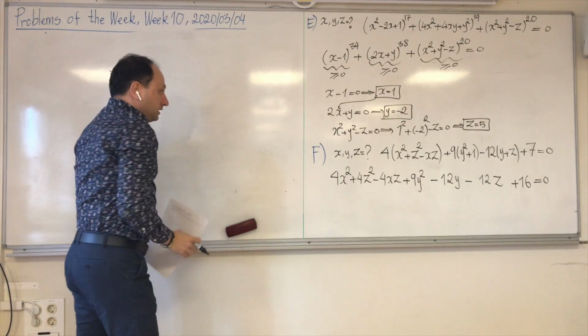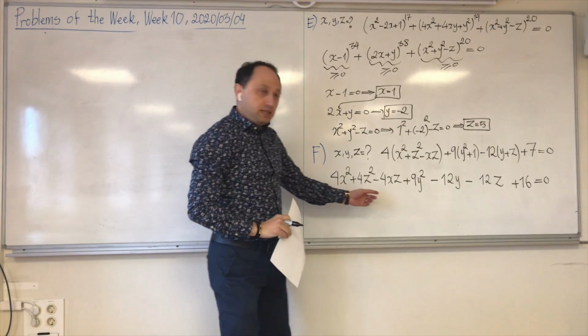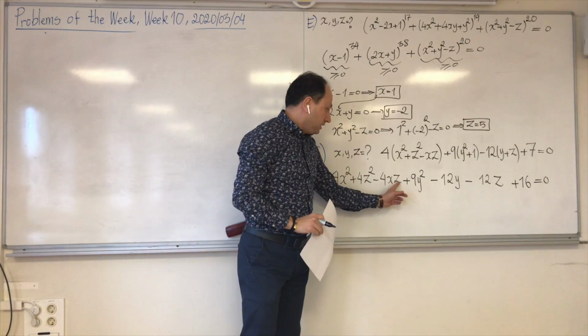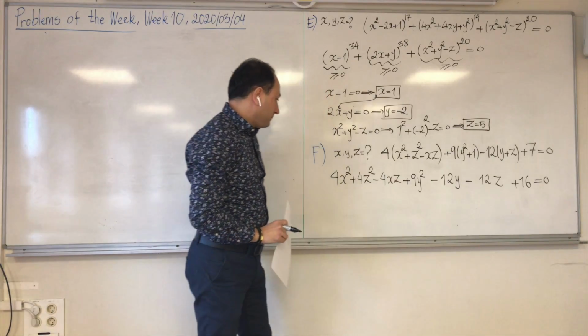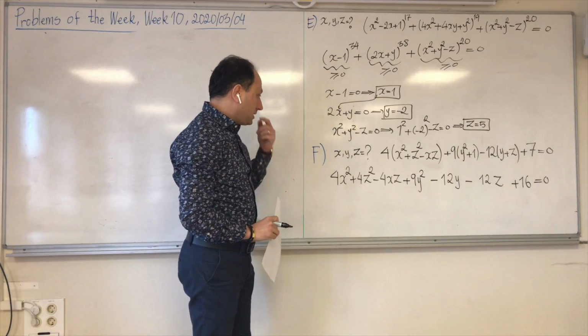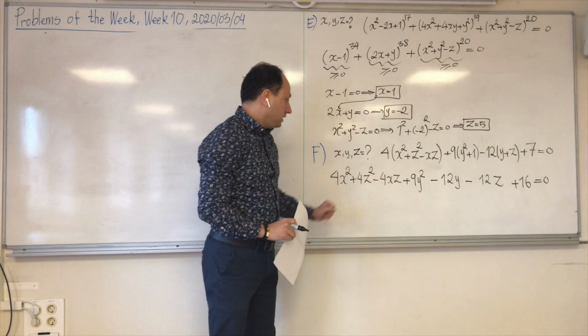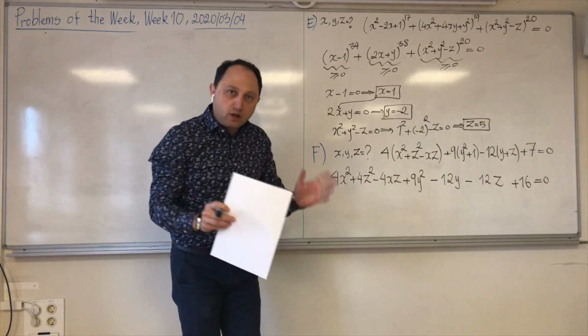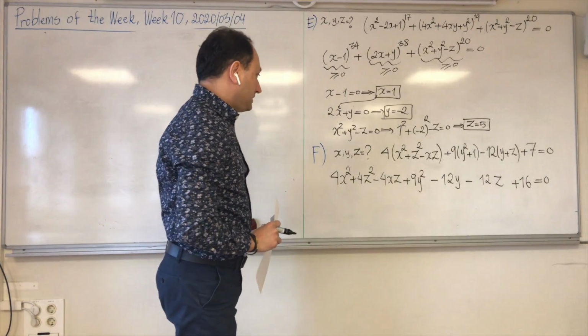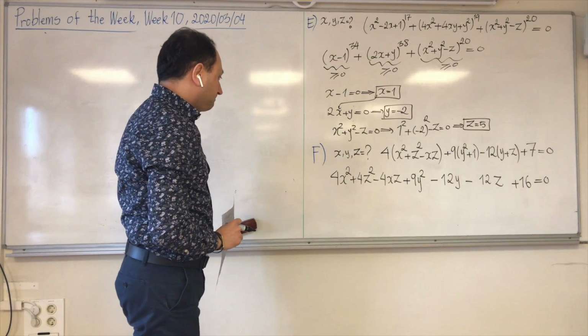Okay. So again, I see that I have a cross term between these two variables, x and z. So both x and z have to be involved for one of the complete squares at least. Yes. So what can I do?